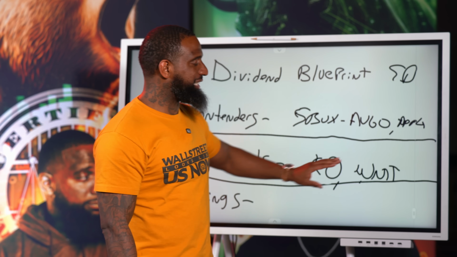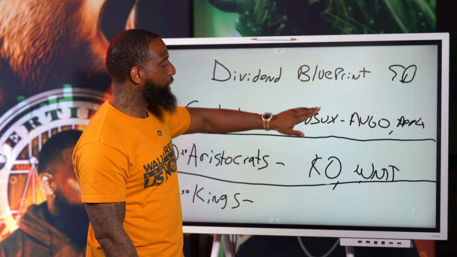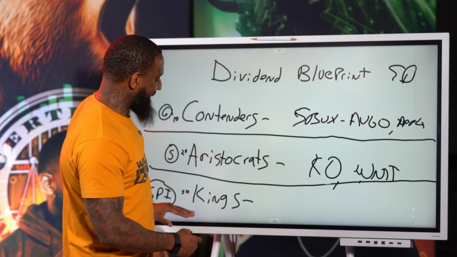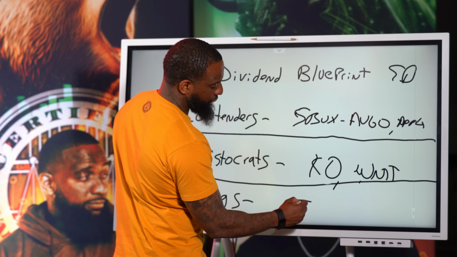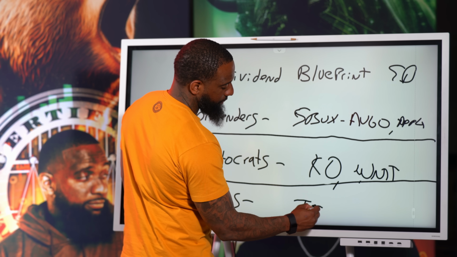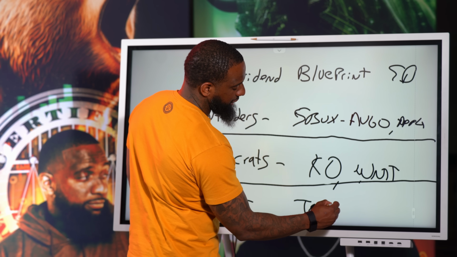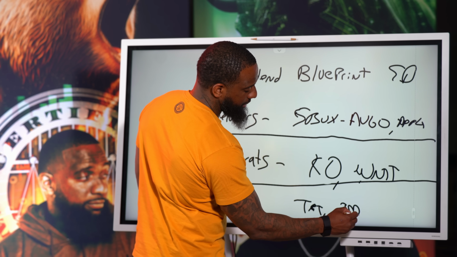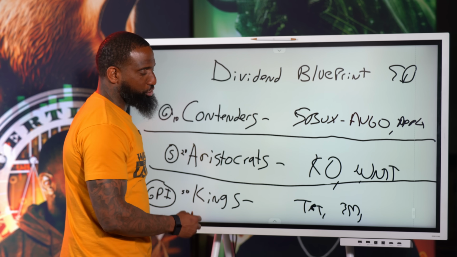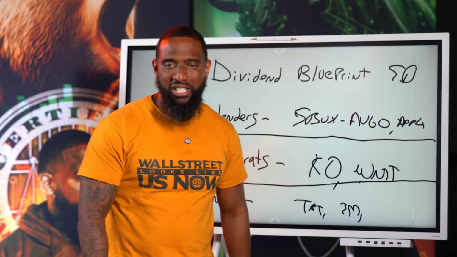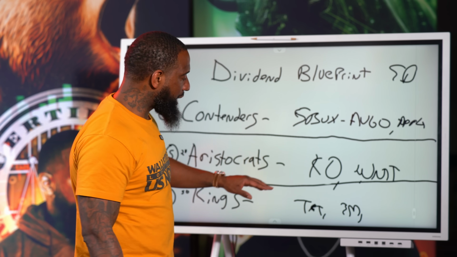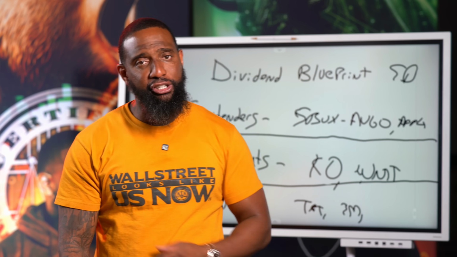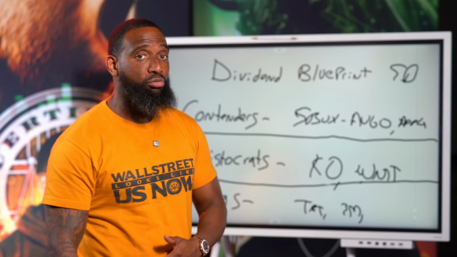These are our growth companies. These are our solid companies. You're looking to these for growth, and for security. And then we got our Kings. So that's your Targets, your TGT, your 3Ms, right? These are the companies that are truly 50 years or better of paying that dividend, increasing that dividend, and making sure you good.